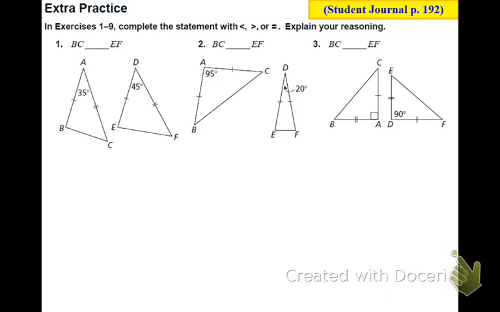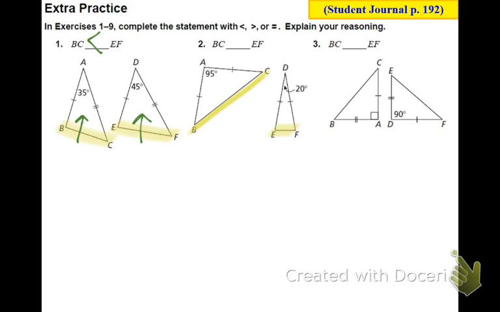Last section, we're comparing BC to EF. In number 1, BC is across from what angle measure? 35. And then the second is across from 45. So is BC going to be greater than or less than? Less than, because it's across from the smaller angle. Number 2, you can kind of look at it and know the answer.